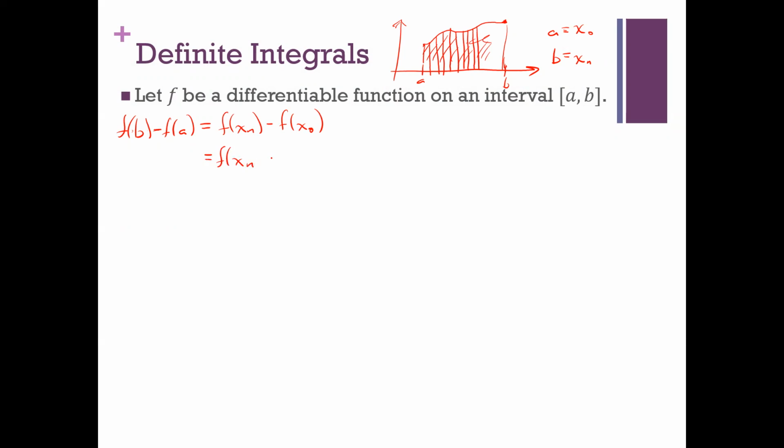I'll do f of x sub n minus f of x sub n minus 1, plus f of x sub n minus 1 minus f of x sub n minus 2, all the way down to f of x sub 1 minus f of x sub 0. And I'll pause there.